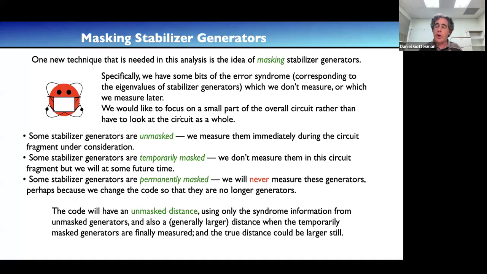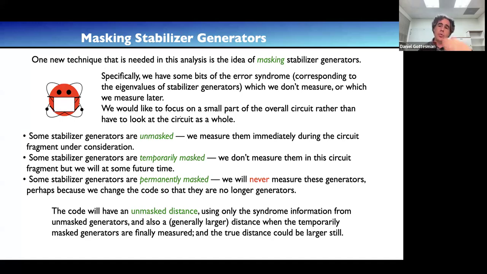So instead of the regular distance of the code, you can define an unmasked distance, which uses the syndrome information from the unmasked generators, and maybe there's some ambiguity in the error that we can tolerate because it doesn't affect the logical errors. But the point is that that's potentially more limited than the full distance of the code that we could get if we were able somehow to measure everything.